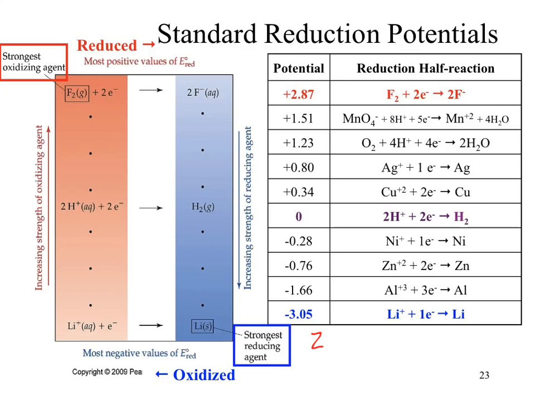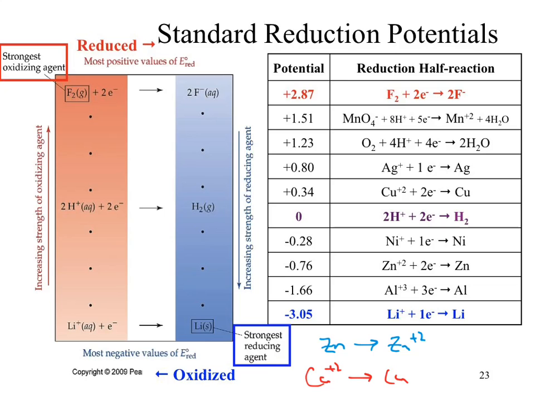Let's take a quick example with what we've been looking at. We said zinc, and they're both up there. Zinc going to zinc ion and copper ion going to copper metal. What is the potential for zinc going to zinc ion?